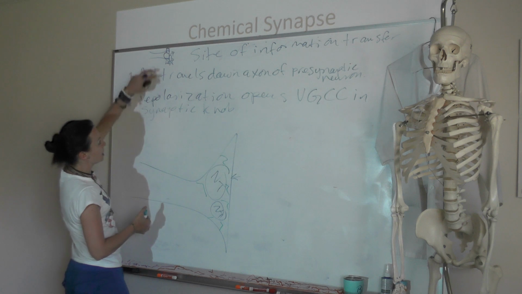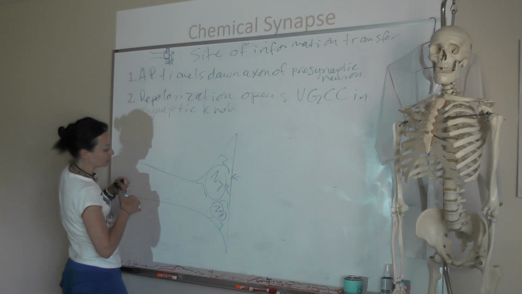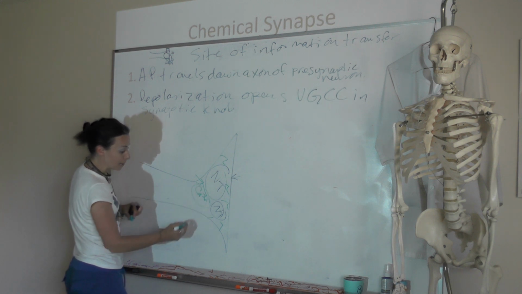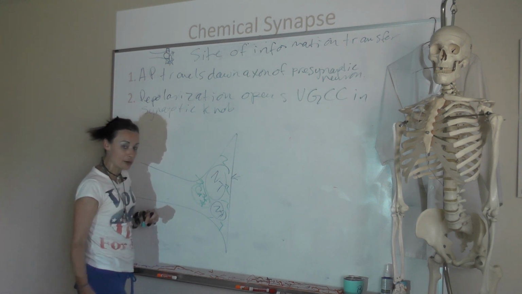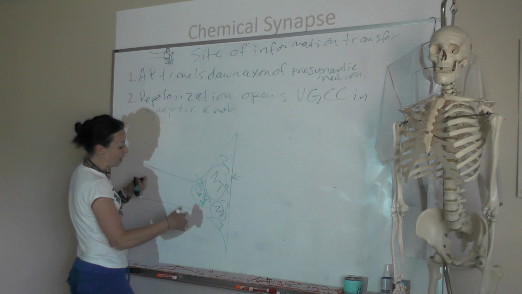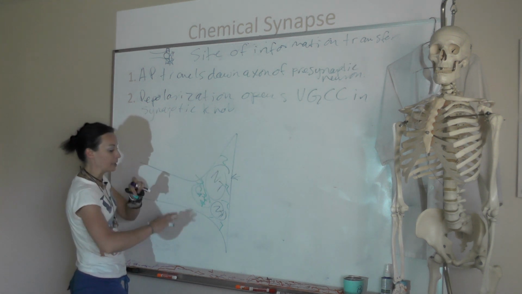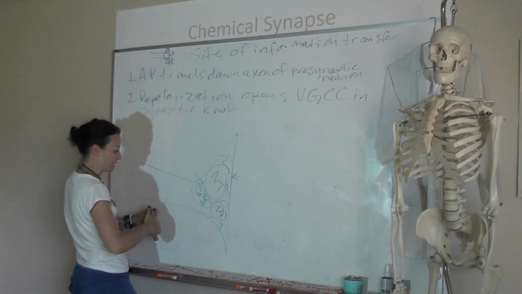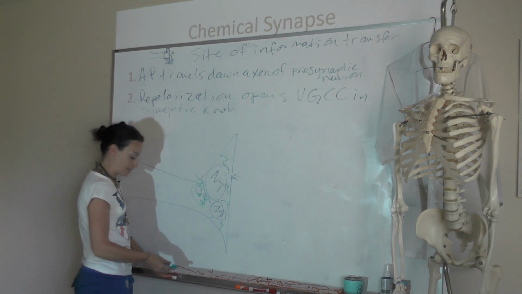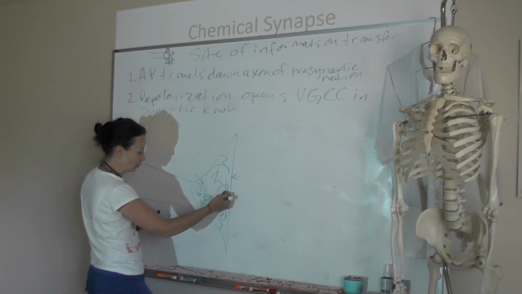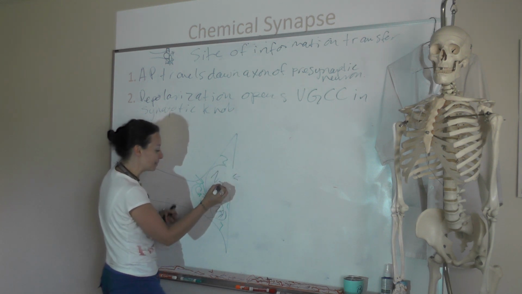Now when this action potential gets down here and opens these voltage-gated calcium channels, calcium's going to come in here. Calcium is a bigwig. Look at this. It's got 2 positive charges. That's a big deal. So anytime calcium comes into a cell, stuff is going to change. Stuff is going to happen. It's going to move regulatory proteins and really amazing things happen. In the nervous system, the really amazing thing is we're going to have vesicular transport, which isn't super amazing.